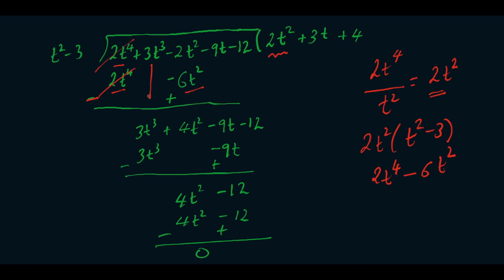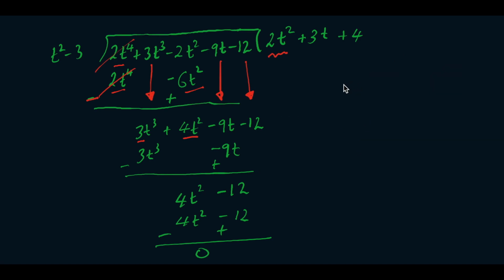This 3t cube comes down because there is nothing we get when we multiply t square with our g of x. So this 3t cube will directly come down. Now minus 2t square plus 6t square will give us 4t square. This 9t will come down and this 12 will also come down. So it is 3t cube plus 4t square minus 9t minus 12.